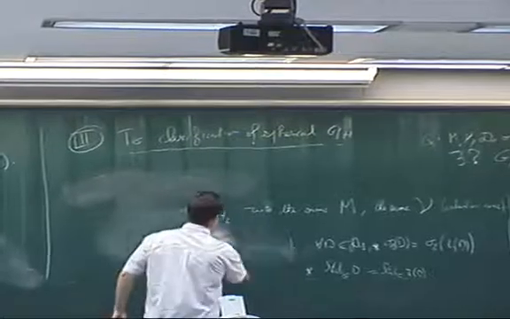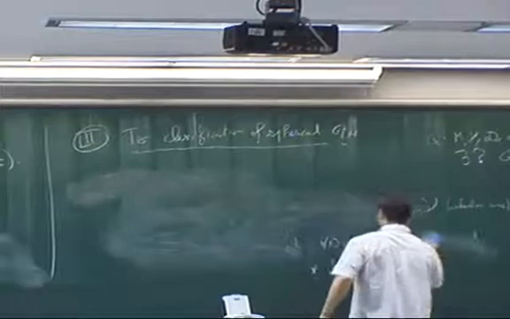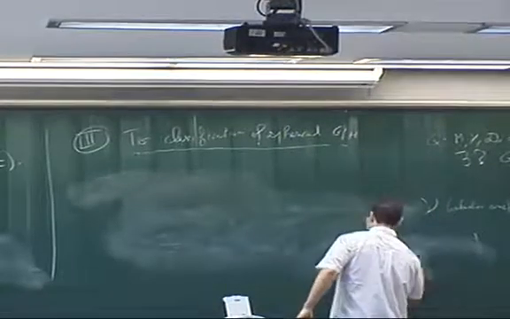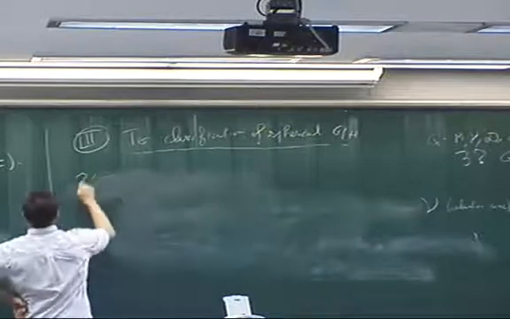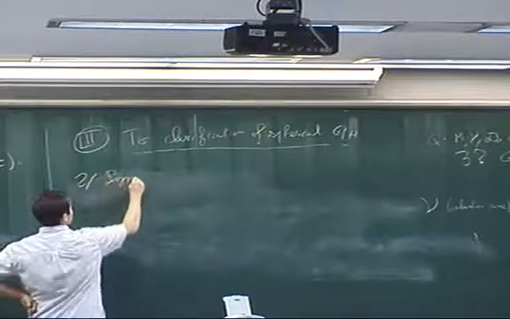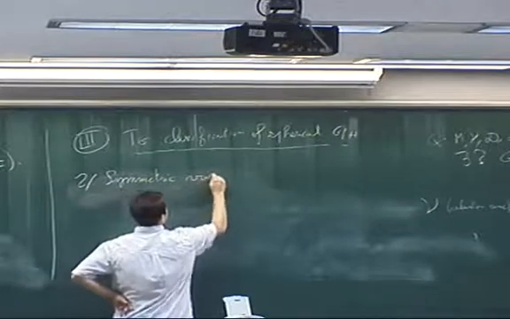So there's also one case where we know the answer, or partially the answer. One case is the symmetric spaces, symmetric varieties.